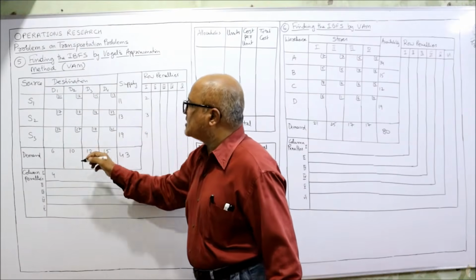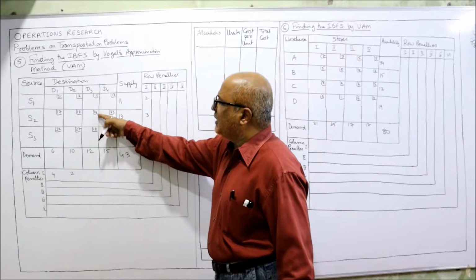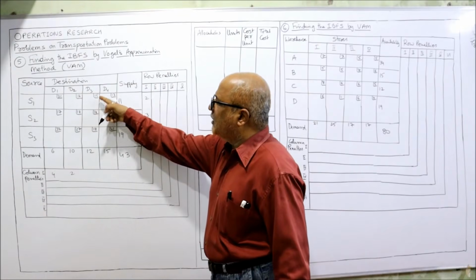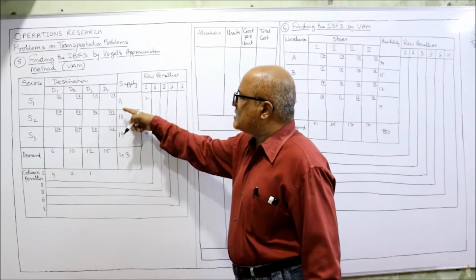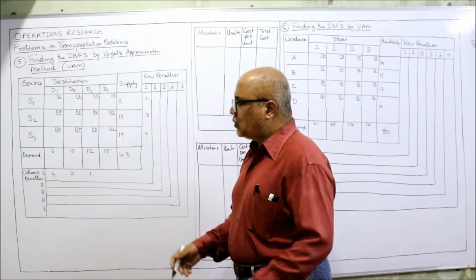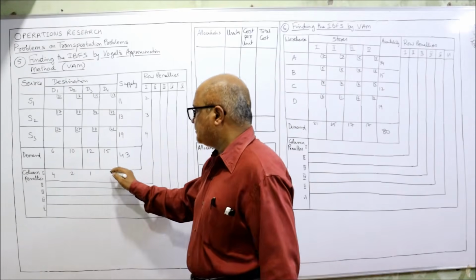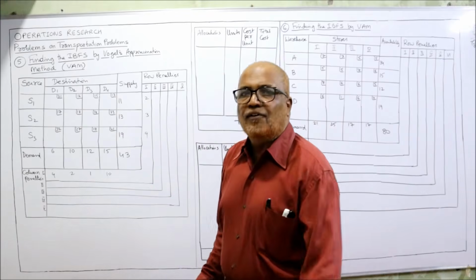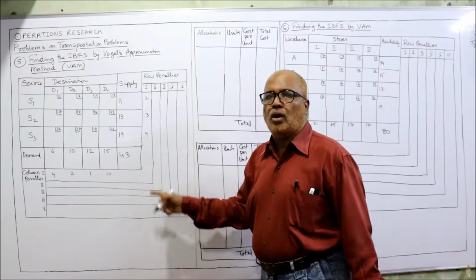So 18 minus 16 is 2. Here minimum is 14, next minimum is 15. 15 minus 14, 1. Here minimum is 13, next minimum is 23. So 23 minus 13, it is equal to 10. That's all. First penalty we have calculated for row as well as column.